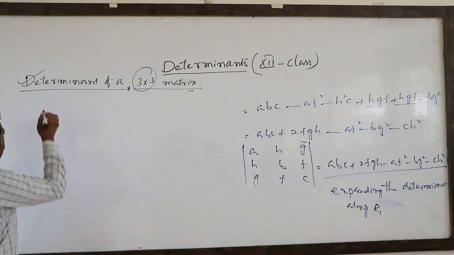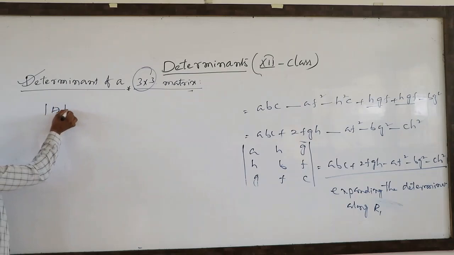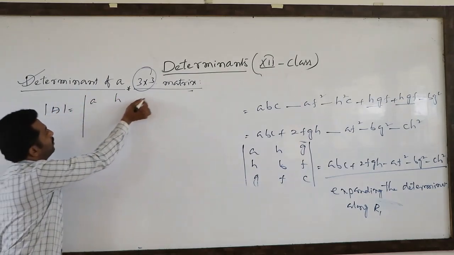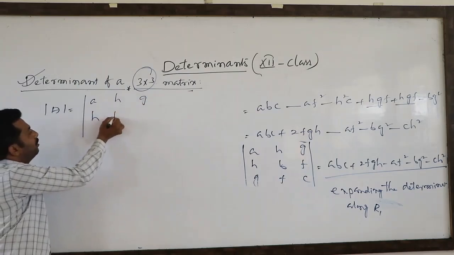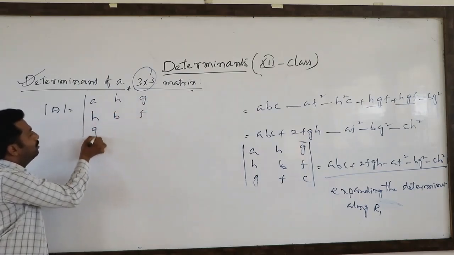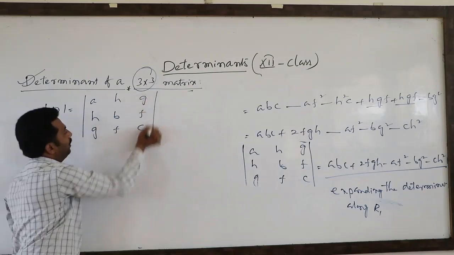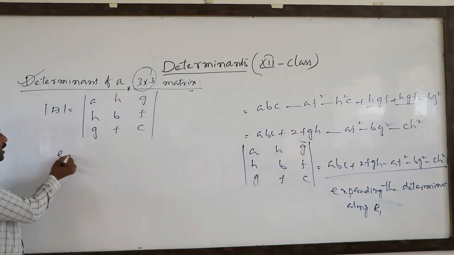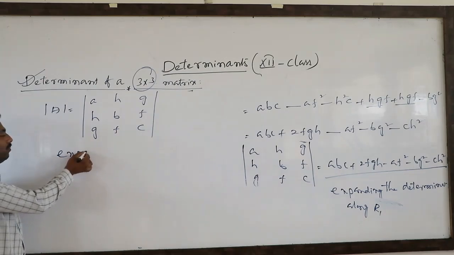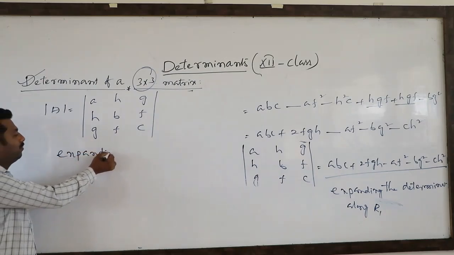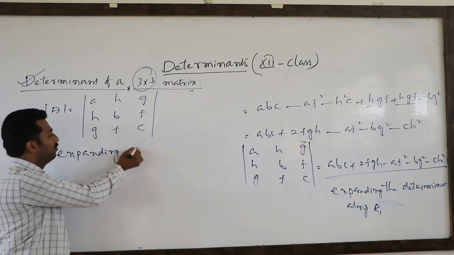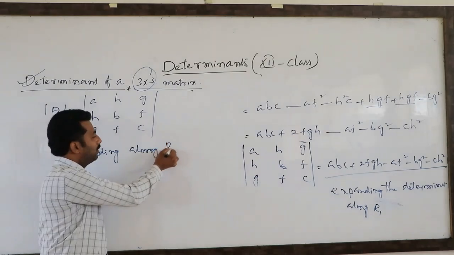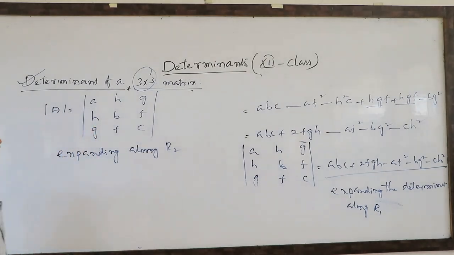So you observe, now the determinant of A is equal to A, H, G, H, B, F, G, F, C. Now expanding along the second row, R2.